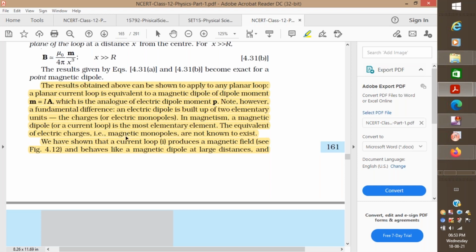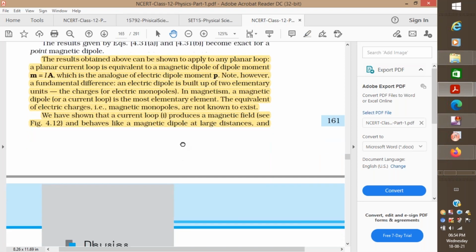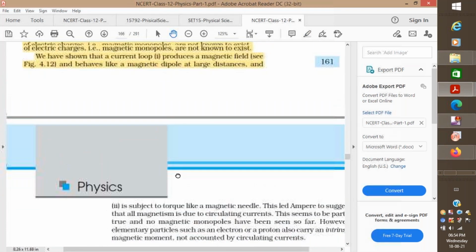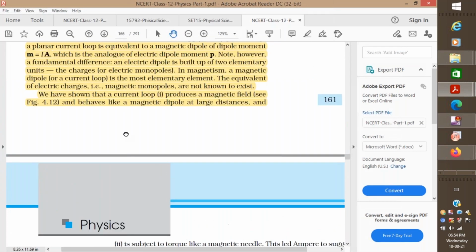There does not exist any monopoles, and the only elementary unit for the magnetic field is a current carrying loop, or rather a magnetic dipole. That is the only elementary source of magnetic field.